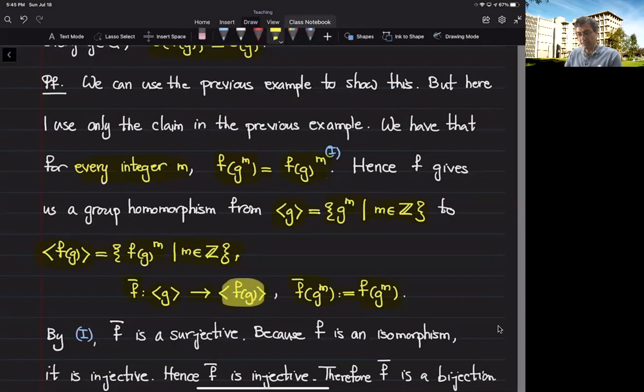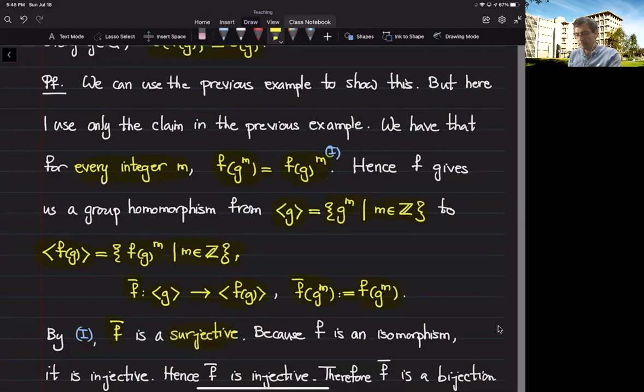Everything here is going to be covered by some f, because everything here is of the form f of g raised to some integer power, and f of g raised to some integer power is f of something in the cyclic group generated by g. So f bar is a surjective map.